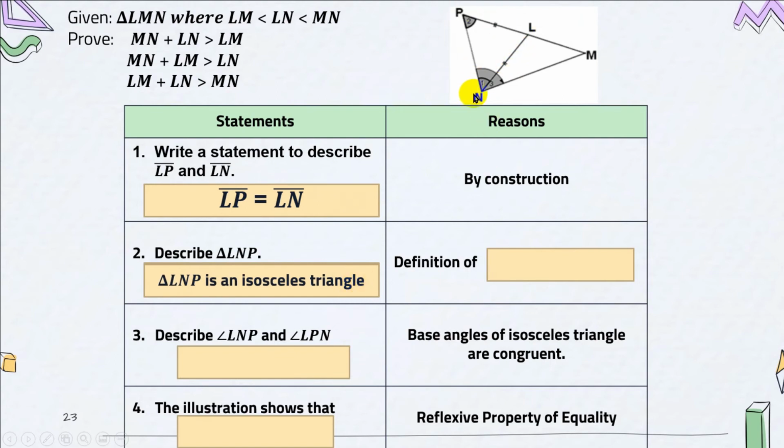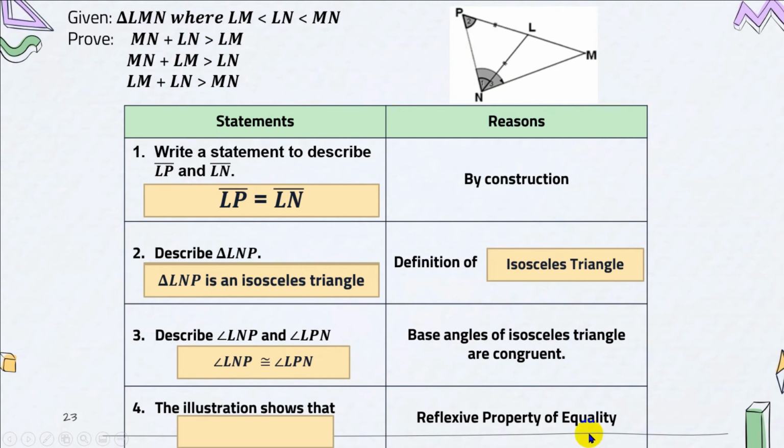So triangle LPN, or LNP, is an isosceles triangle, by the definition of an isosceles triangle: when there are two congruent sides, the triangle is isosceles. Based on statements 1 and 2, angle LNP is the angle opposite side LP, and LPN is the angle opposite side LN. Base angles of an isosceles triangle are congruent, so LNP and LPN are congruent.